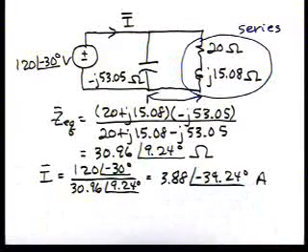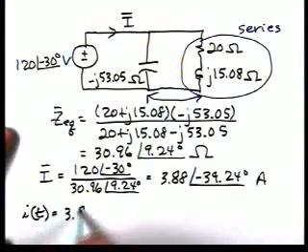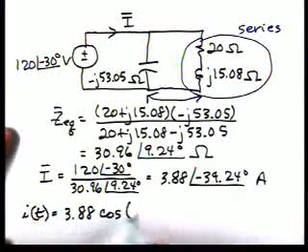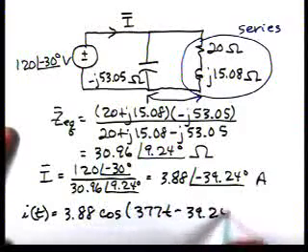And now we can go through and complete step 3, which says convert the phasor current I to I of t. So then I of t is 3.88 cosine 377t minus 39.24 degrees.